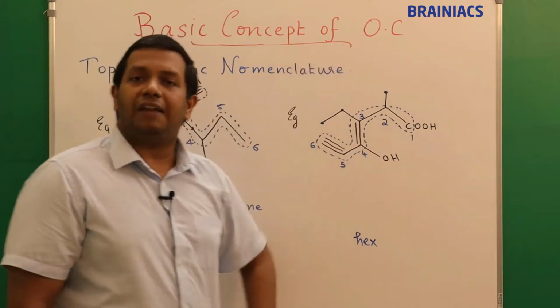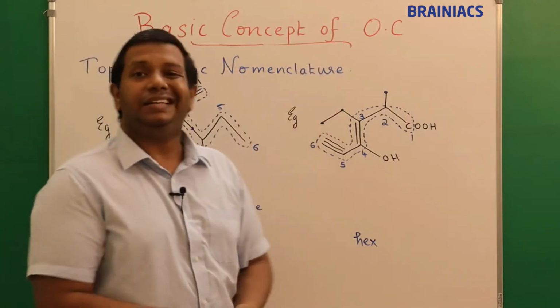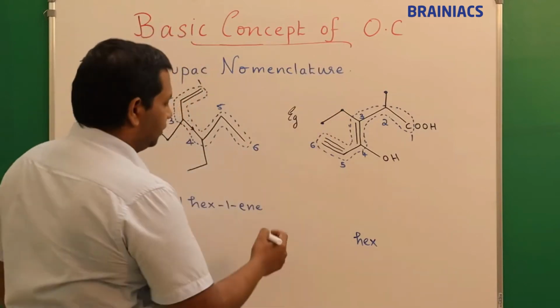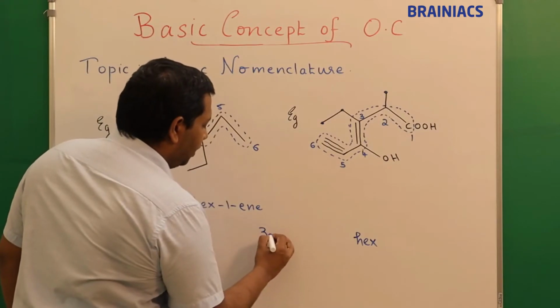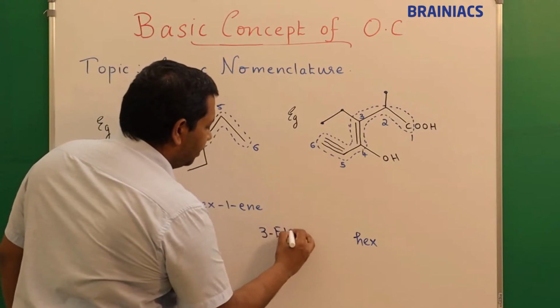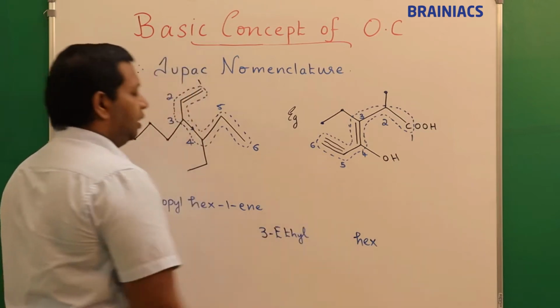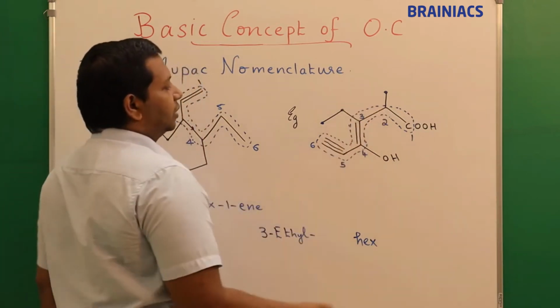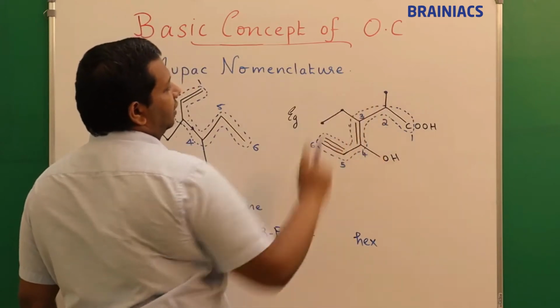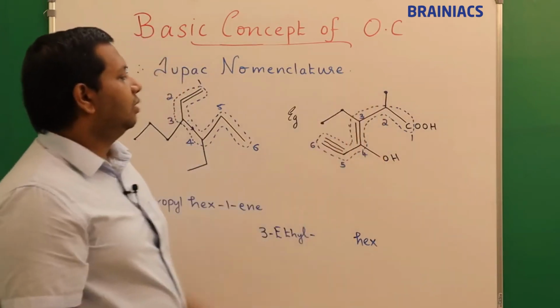Who comes first in alphabetical order? You know that it is ethyl. So I can start by saying 3-ethyl, then hyphen. Next comes hydroxy, H, and then methyl. So who comes first?